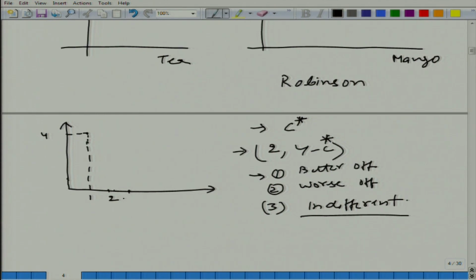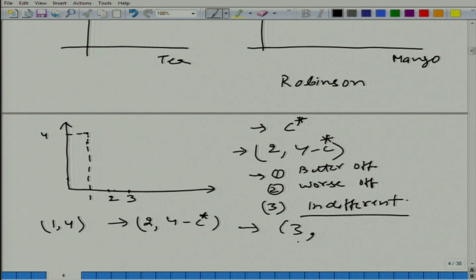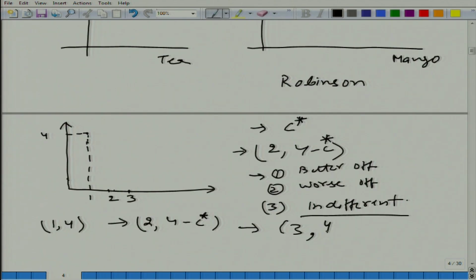Now let's say he is moving from 2 to 3, now he wants one more. So we have started from 1 comma 4 to 2 comma 4 minus C star, and from there we are moving to 3, and the idea is to keep Robinson indifferent between these bundles, and of course he has to pay to get this mango.